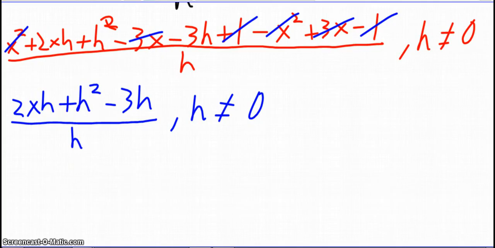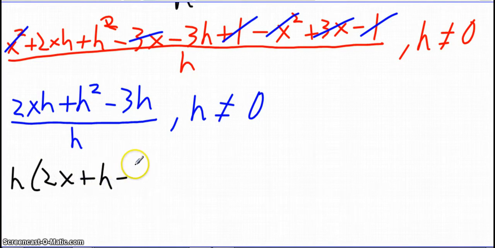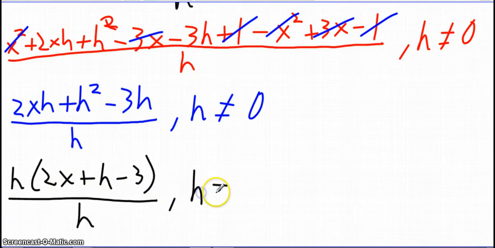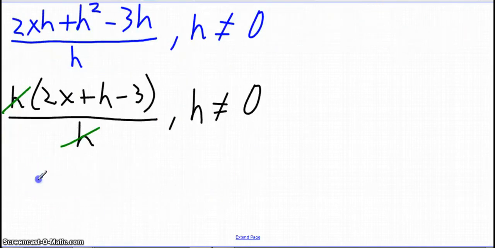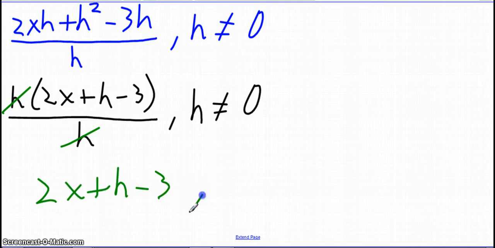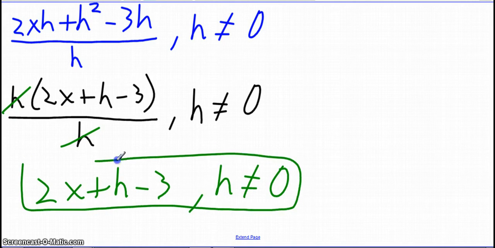Factor out an h, so I end up with h times (2x plus h minus 3) over h. H does not equal 0. The h's go away, and my answer is 2x plus h minus 3, h does not equal 0.